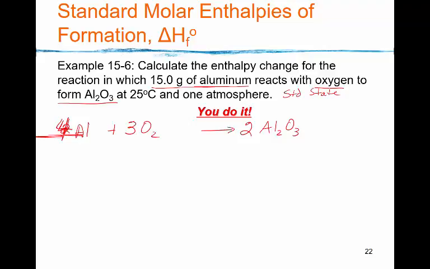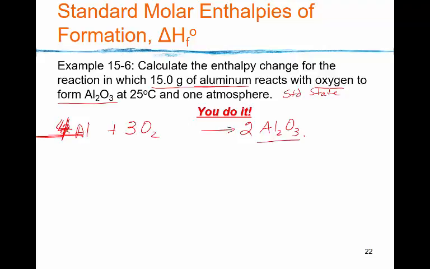Okay, now we're going to use Appendix K, and we're interested in the product. Because we're interested in forming something, the formation of Al2O3 is what we're doing. So that's the enthalpy of formation that we're interested in.